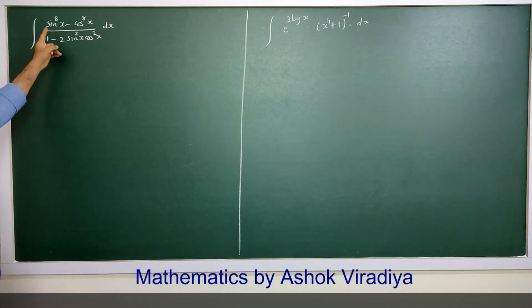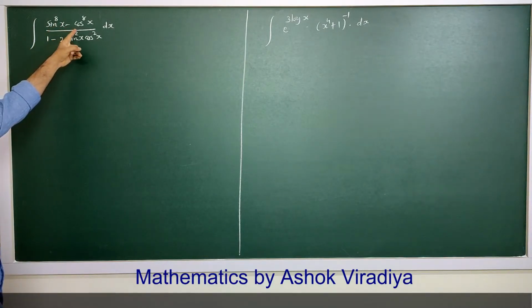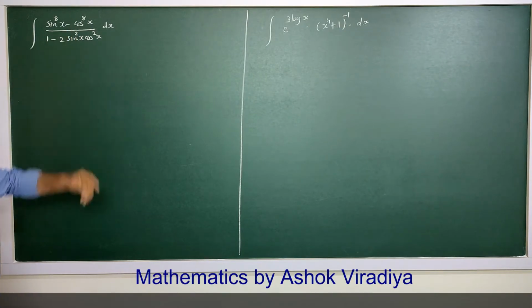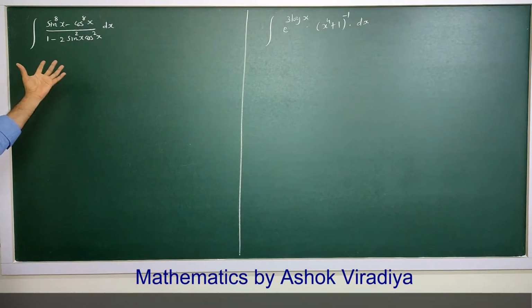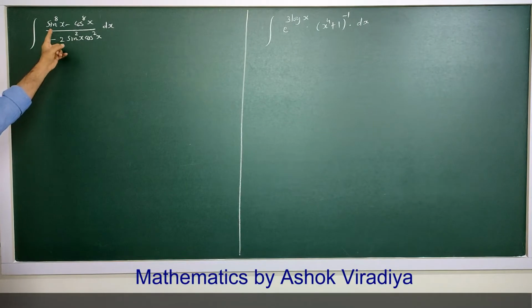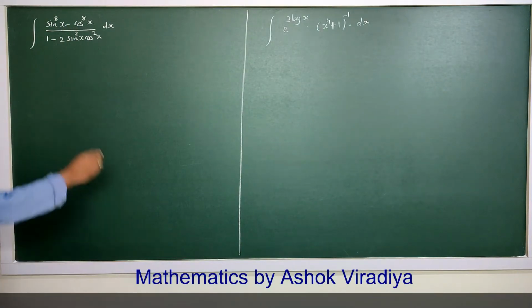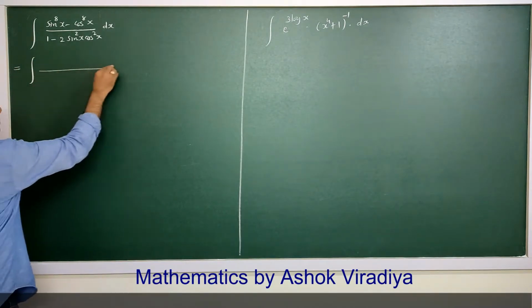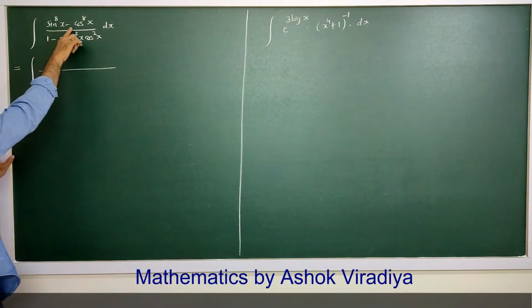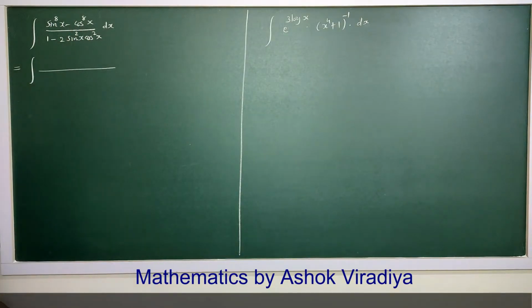Now, integral of (sin^8 x minus cos^8 x) upon (1 minus 2 sin²x cos²x). So here, to convert this into integrable form, we have to factorize this numerator. Factorizing the numerator, it is like a^8 minus b^8.